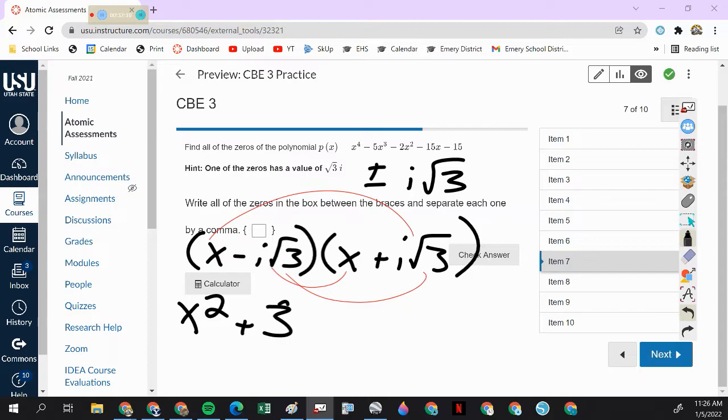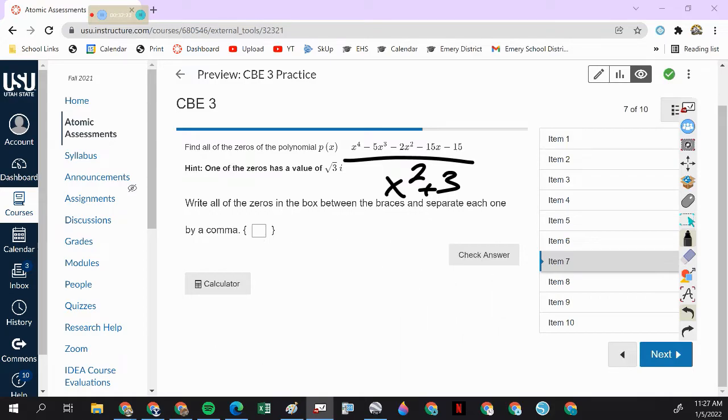Well, that contains my 2 imaginary roots, so I'm going to divide this by x squared plus 3, and that will leave me my other 2 roots. So x squared, 0x, and 3.